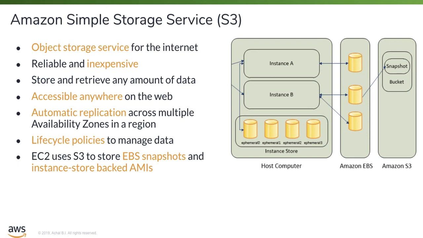Let's say you have created an object and you want to move it to a different class, say after 30 days to an archive location or to an infrequent access class, then you would use lifecycle policies. EC2 uses S3 to store EBS snapshots and instance store backed AMIs. We'll look at all of this.